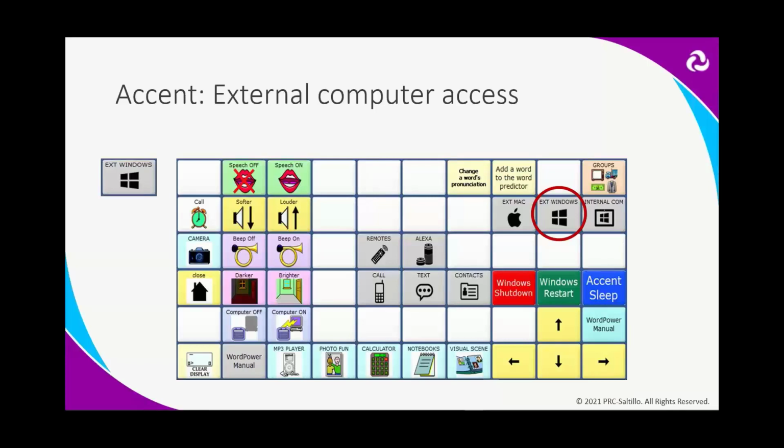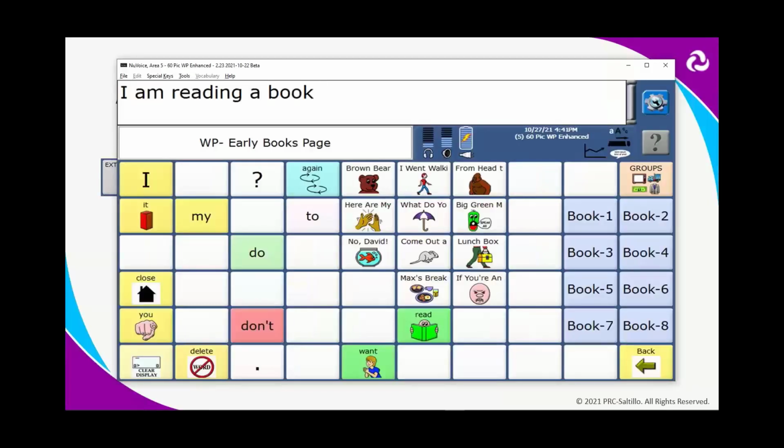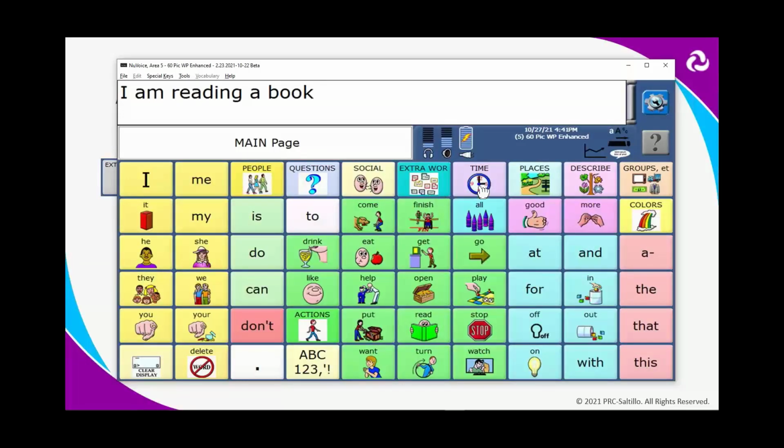And when I was working at the Kennedy Krieger School, we had lots of students that use that feature, and then you can control the computer. So I'm going to jump over to the NuVoice.